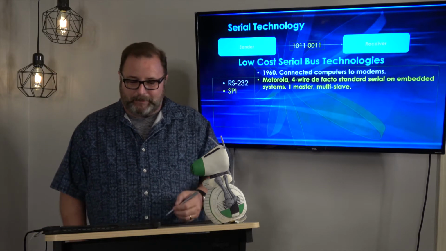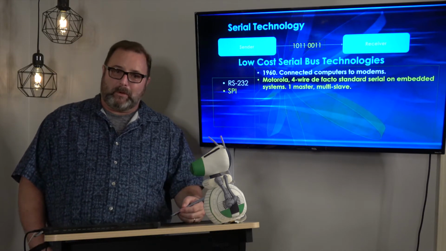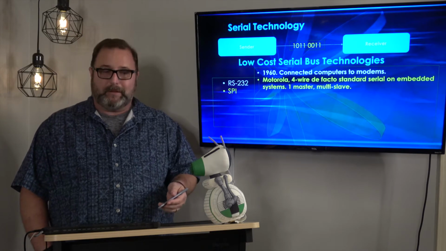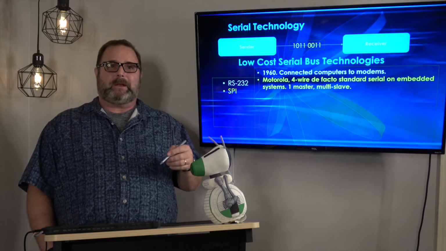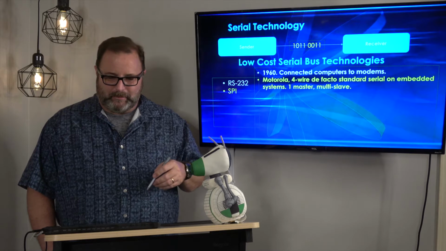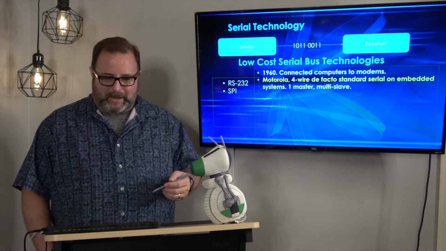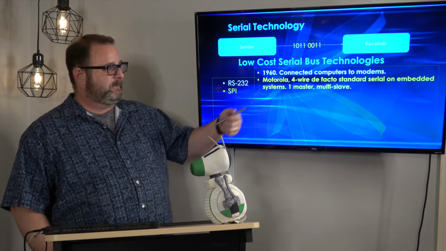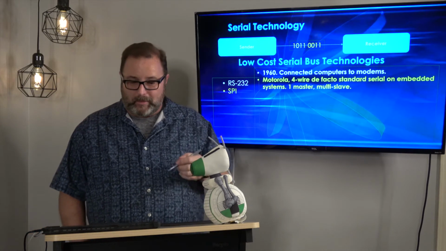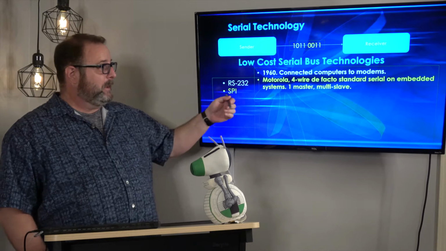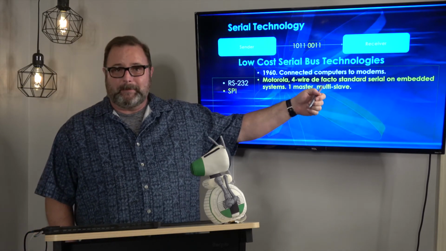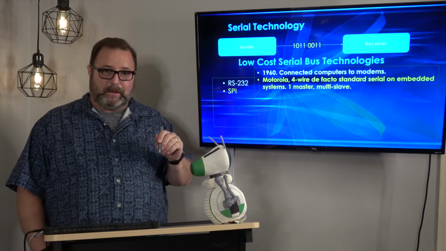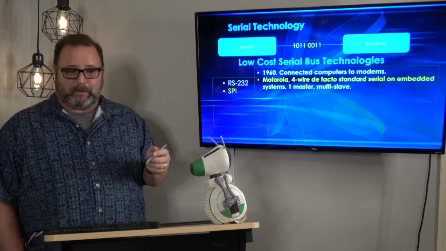Then we came up with SPI. This was done by Motorola, and it's a 4-wire system. It's really the standard system for embedded systems now. SPI is, they call it a 4-wire de facto standard for serial on boards as well. Sometimes this will be traces in a burned-in circuit board.